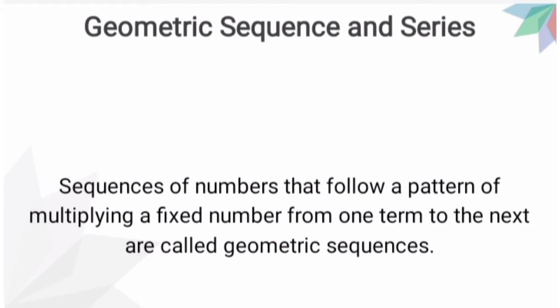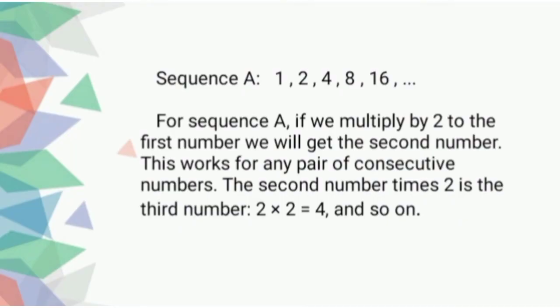Geometric sequences and series. Sequences of numbers that follow a pattern of multiplying by a fixed number from one term to the next are called geometric sequences. Sequence A, for example: 1, 2, 4, 8, 16, etc. For sequence A, if we multiply the first number by 2, we get the second number.